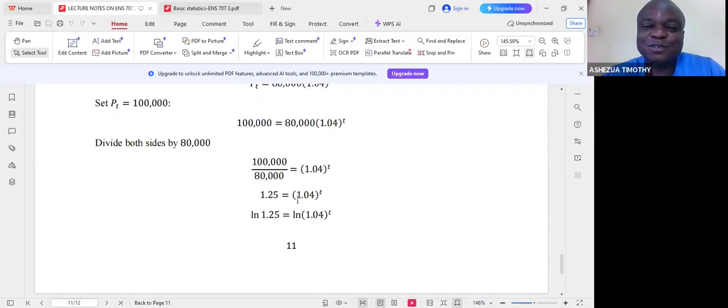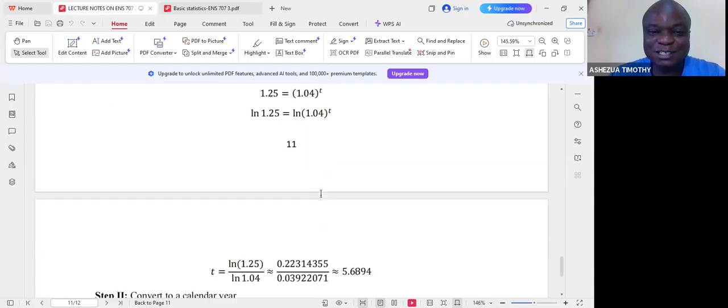Now, ladies and gentlemen, from here, the third law of logarithm says if you have log a raised to the power n base m, the end result is equal to n log a base m. In this case, I'm taking log on both sides. The idea here is to get the value of t.